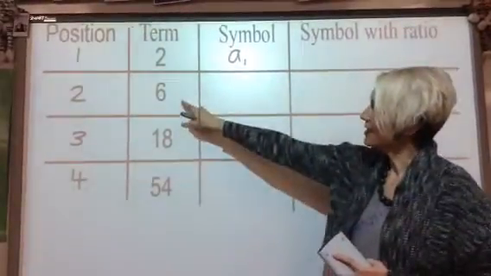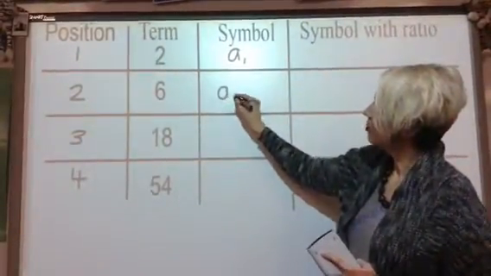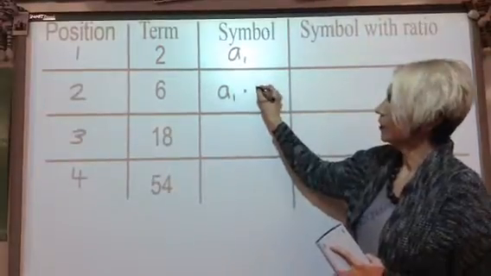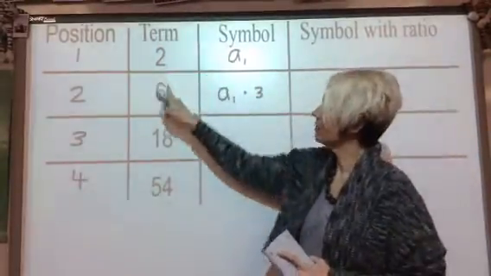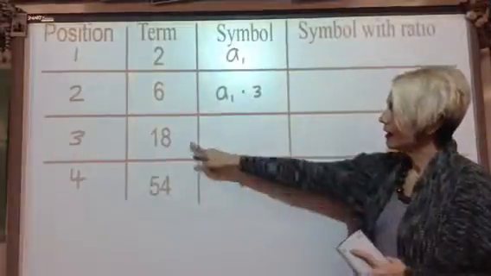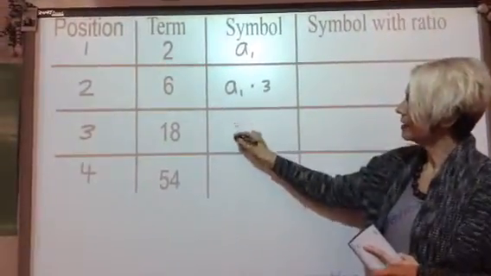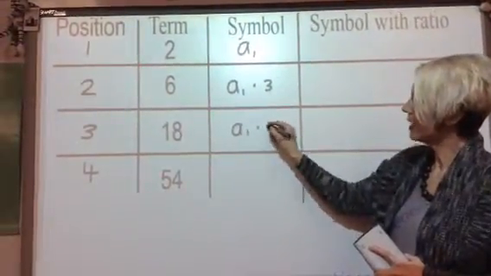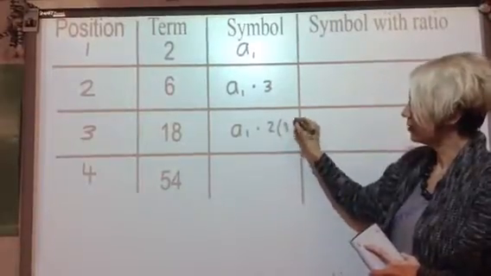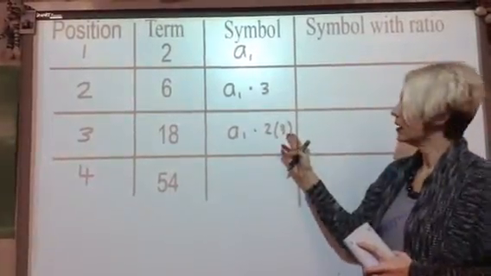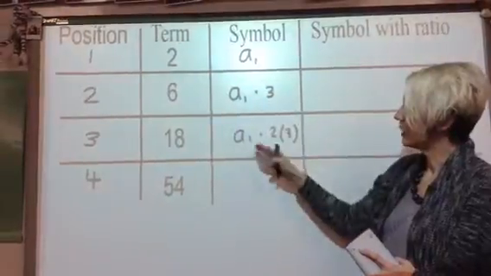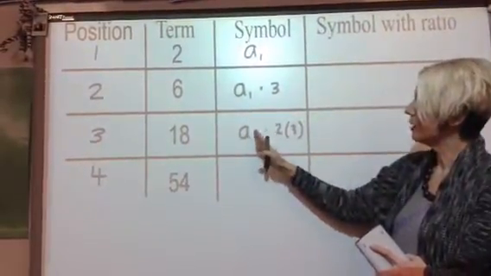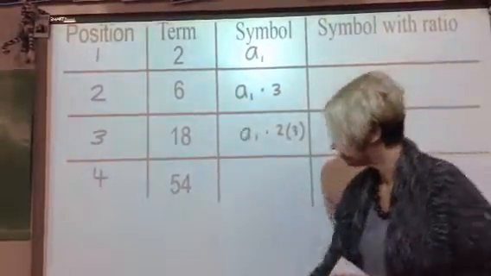Now this term is 6, which is a sub 1 times 3, because 2 times 3 is 6. This next term is a sub 1 times 3 times 3, so that would be 2, in this case your first term.